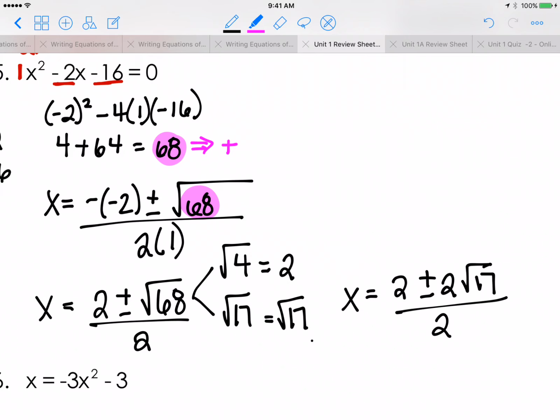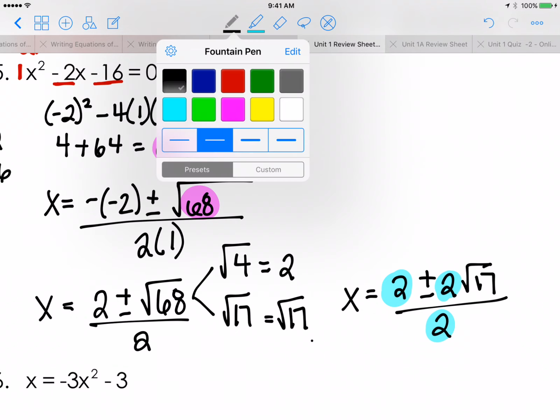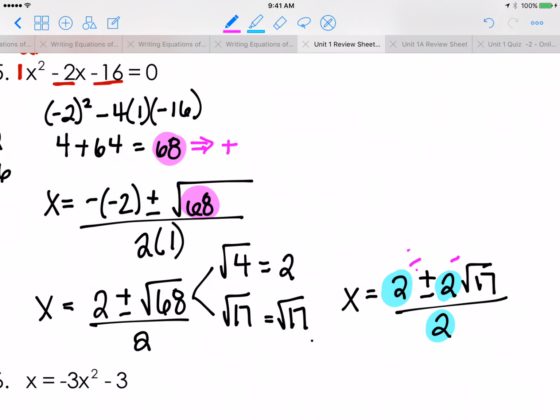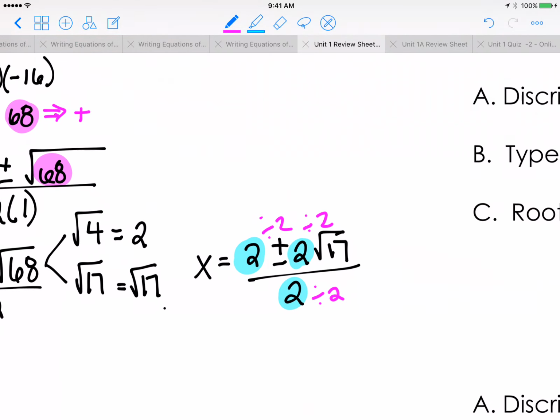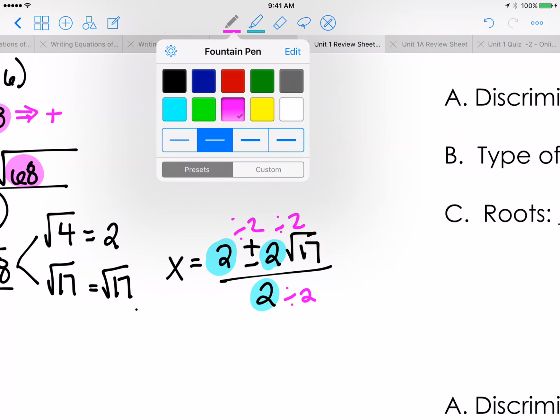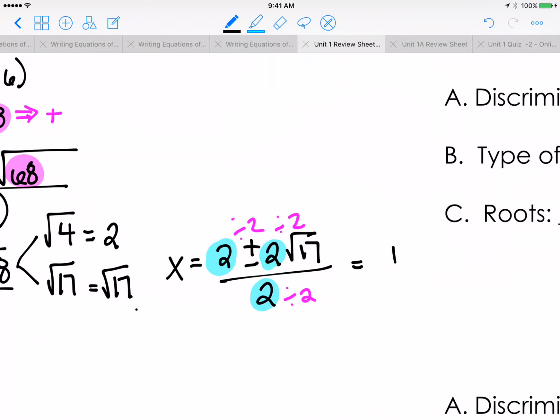Now we need to simplify. We can simplify if all 3 of these numbers are divisible by the same thing, and they can. All of them are divisible by 2. So when we simplify, 2 divided by 2 is 1. And you must have that 1 there. It doesn't work if you don't have that 1 before the plus or minus, because then it assumes that it's 0, and it's not 0, it's 1.